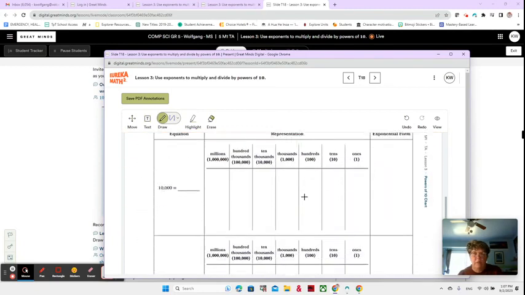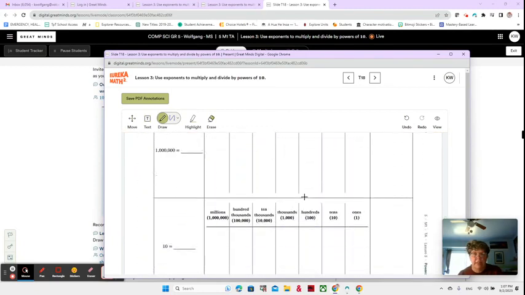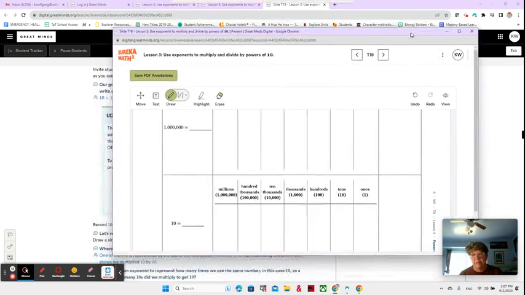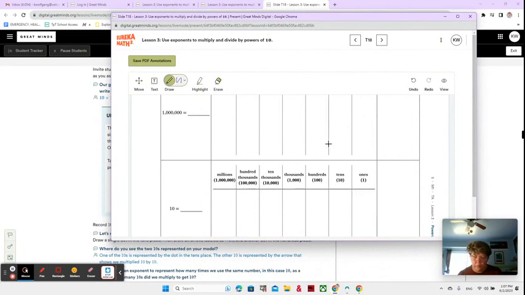All right, so we have one more chart down here to look at, which is just 10. How many 10s do we multiply to equal 10? Just one, right? Okay, so how do we show 10 on the place value chart?